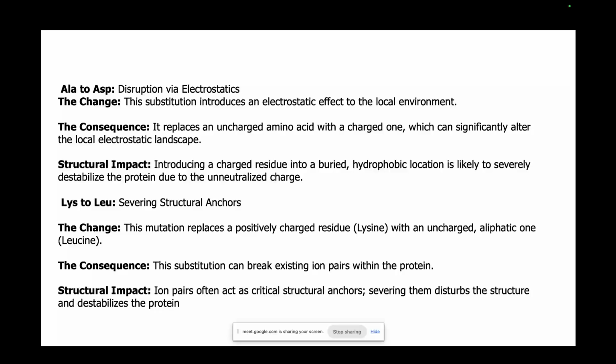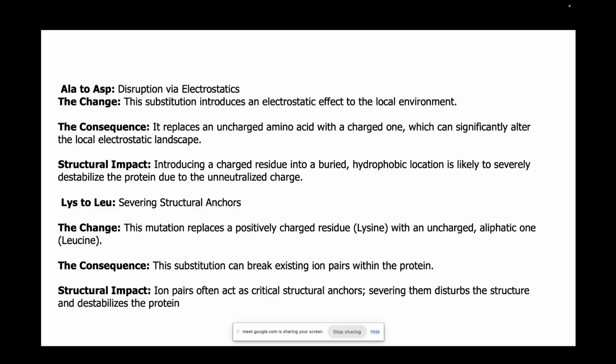Another type of issue that can happen is if you do the opposite. Basically, if you're removing a charged amino acid and replacing it with an uncharged amino acid, or an aliphatic one, which in this case is leucine. Because of the charge of the amino acid that was initially present, it would have made hydrogen bonds, it could have made ionic bonds, bridges, and it was interacting with a lot of other residues, mostly because it is charged, right?